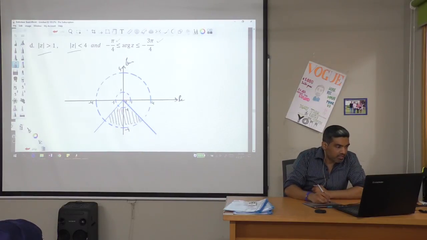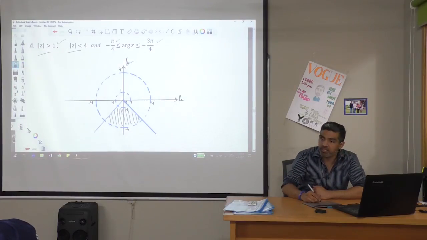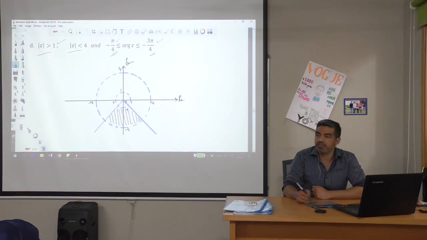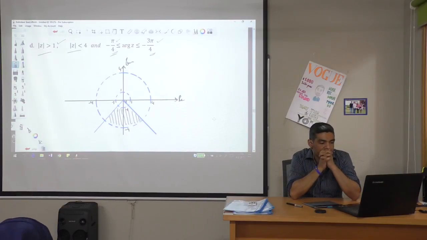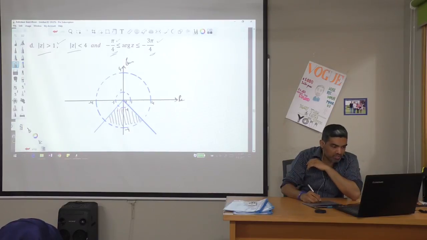Shading? Yeah. It's greater than 1, so it's outside the smaller circle, less than 4, inside the bigger circle, in between somewhere here. Then it has to be between these two angles, minus 3 pi by 4 to minus pi by 4. Greater than 1 and you want it to be above the smaller circle.